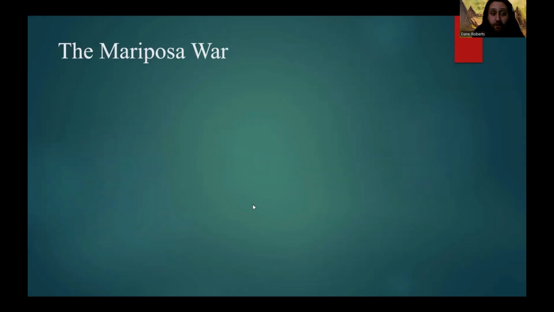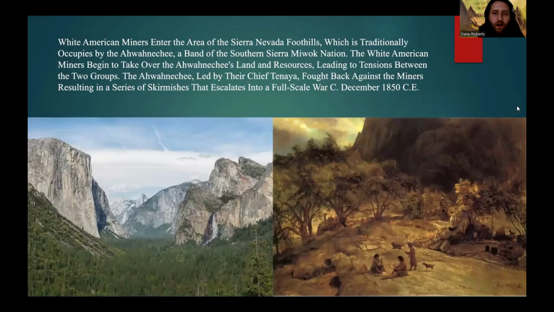Then there was the Mariposa War, which began in December of 1850 CE, when white American miners entered the area of the Sierra Nevada foothills, which was traditionally occupied by the Awanichi, a band of the Southern Miwok Nation.